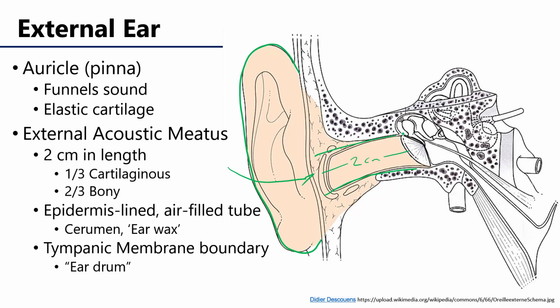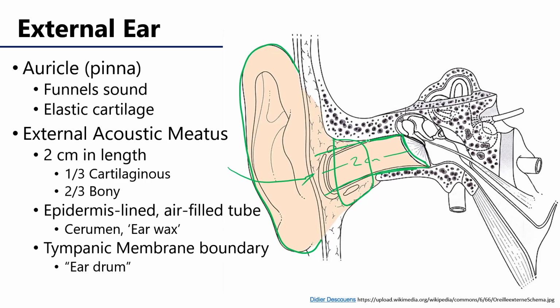It terminates at the tympanic membrane, or the eardrum. About 1/3 of the external acoustic meatus is cartilaginous, and the remaining 2/3 is bony, meaning that it's surrounded by the temporal bone.